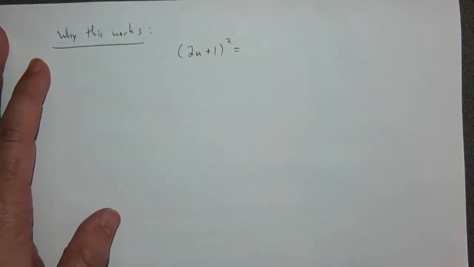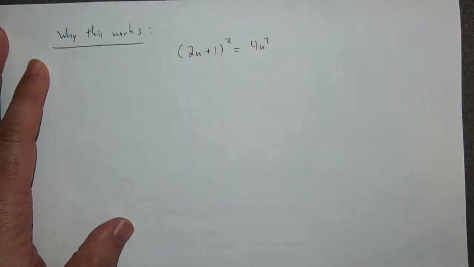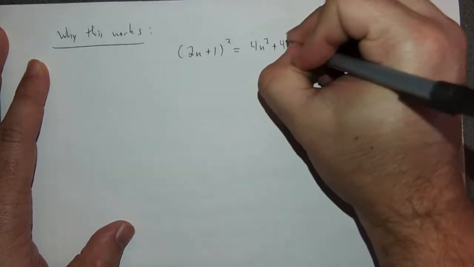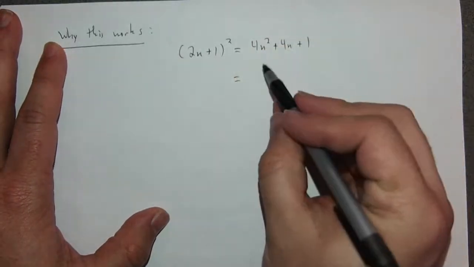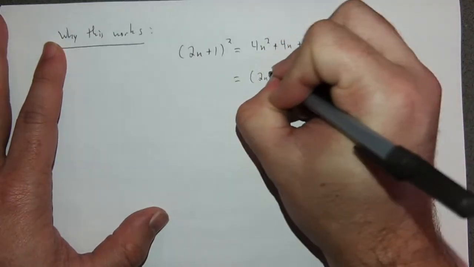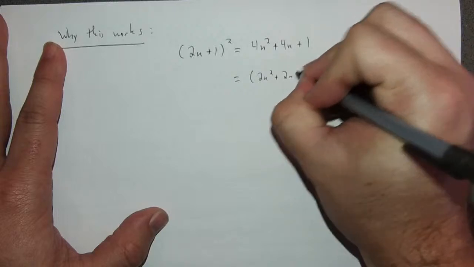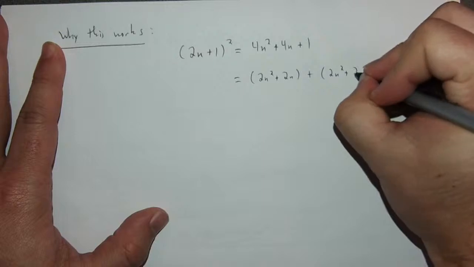So an odd number squared, just expanding this, is 4n squared plus 4n plus 1. So I said that I could split it as a number plus another number where I only have 1 as the difference. So yeah, I can do that easily. This is 2n squared plus 2n plus 2n squared plus 2n plus 1.